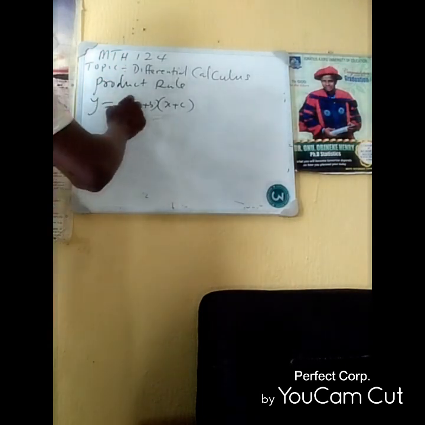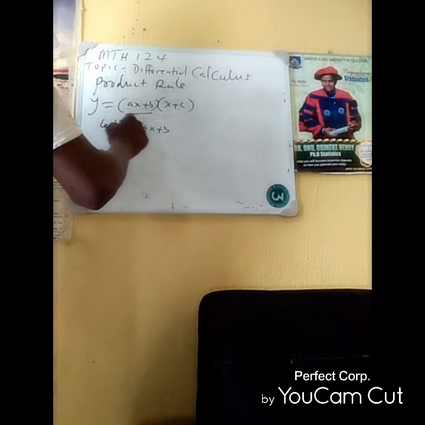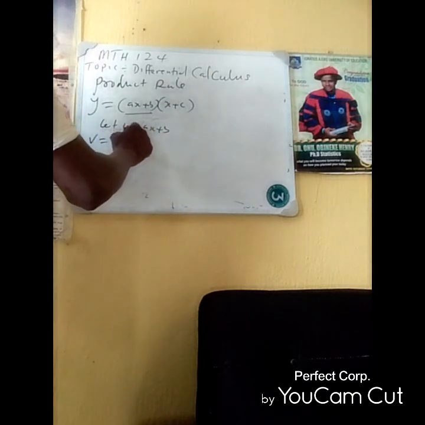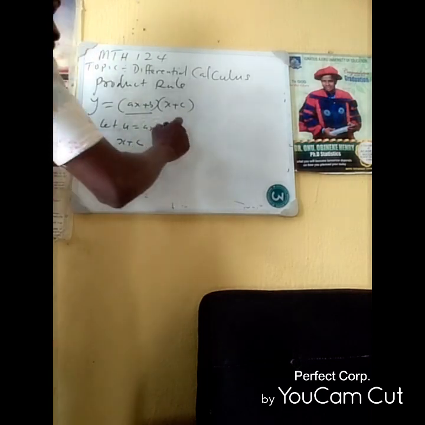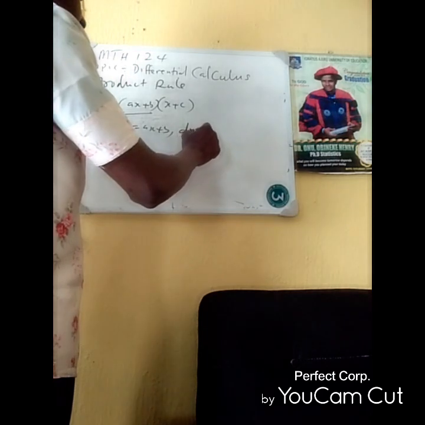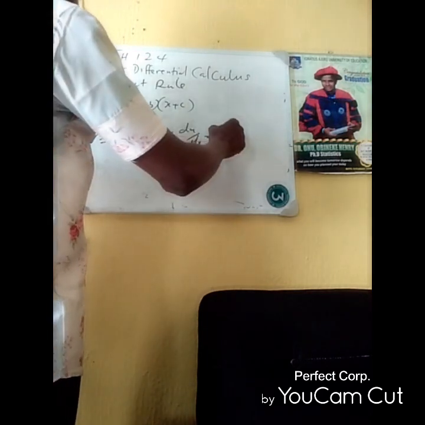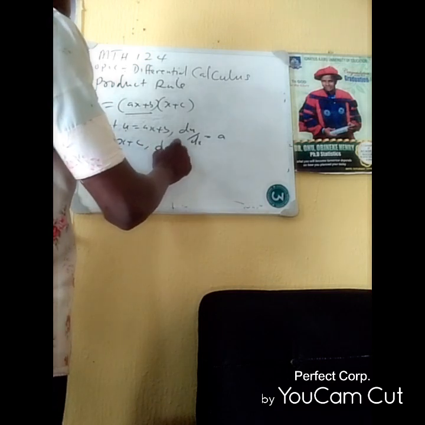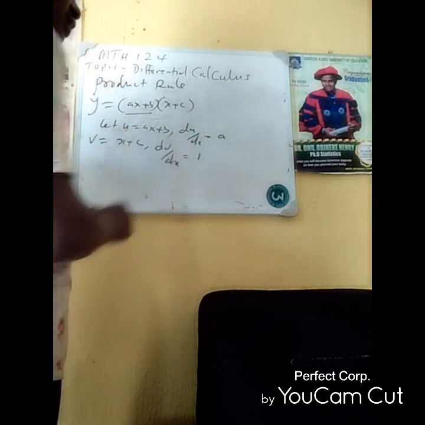You can let u be equal to ax plus b, and v be equal to x plus c. Here you differentiate u with respect to x to have du over dx, which is equal to a, and you differentiate v with respect to x, dv over dx, which is equal to 1.